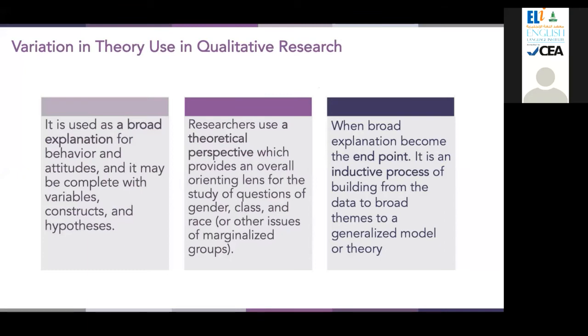So it is used as a broad explanation for behavior and attitudes, and it may be complete with variables, constructs, and hypotheses. The use of theory in qualitative research is different, because here we're not testing a hypothesis or the application of the theory, rather we are aiming to generate a theory. And this happens in many qualitative studies.